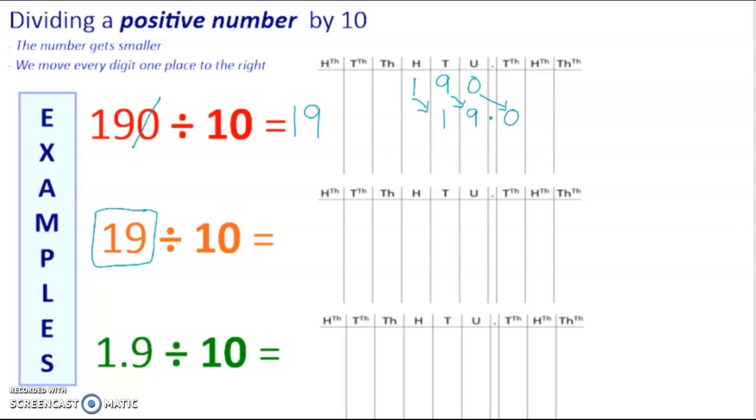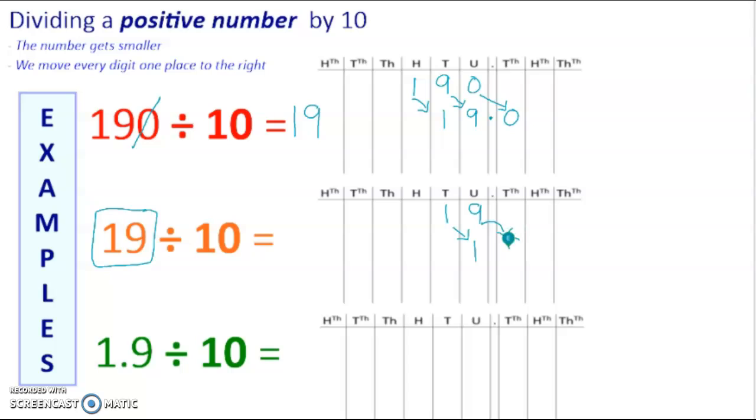So I'm going to put the number 19 in the columns. The 1 goes in the tens column and the 9 goes in the units column. Look how similar this number is. That was actually our answer to the previous question. When I divide by 10, everything moves one place to the right. So the 1 moves to the units column and the 9 jumps to the tenths column.